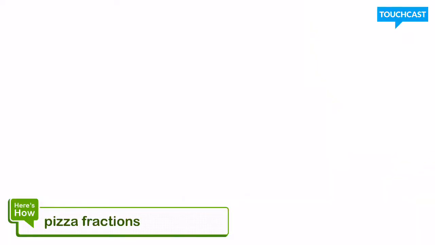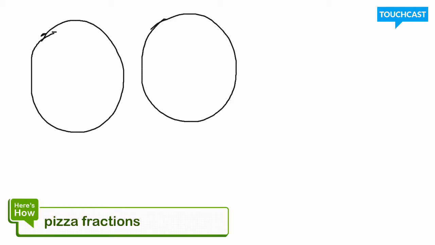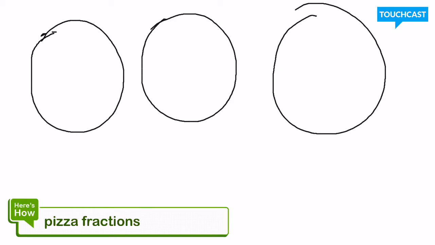How much is everybody going to get? Let's get this. So when we look at the board here, I'm going to draw my pizzas. 1, 2, 3. And I have to share it between 5 people.